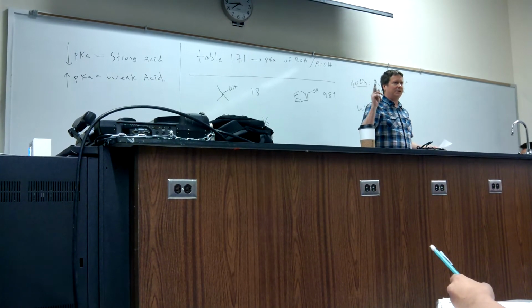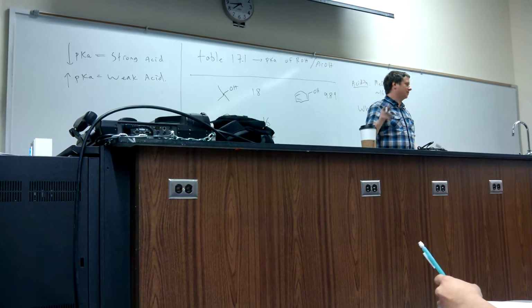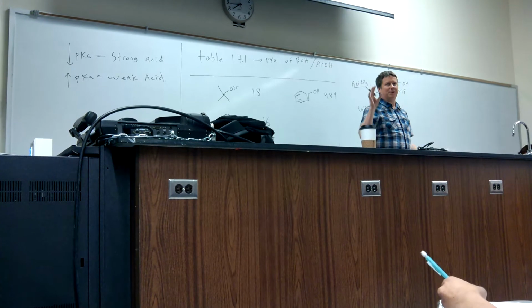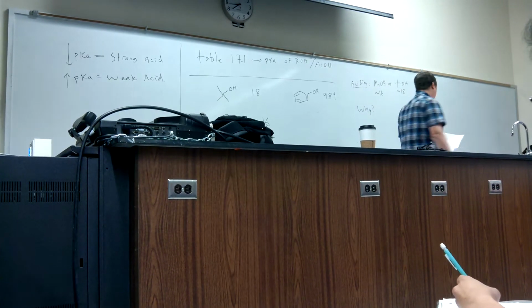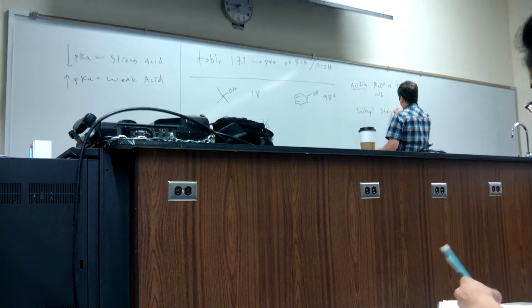Conjugate base, stability of the conjugate base. Okay, that's pretty much the universal explanation for acidity in organic chemistry. It is some kind of stability or stabilization of the conjugate base. Right.